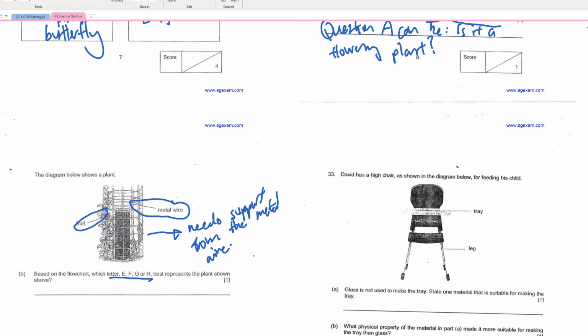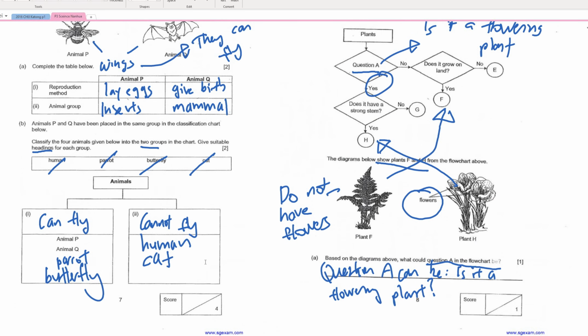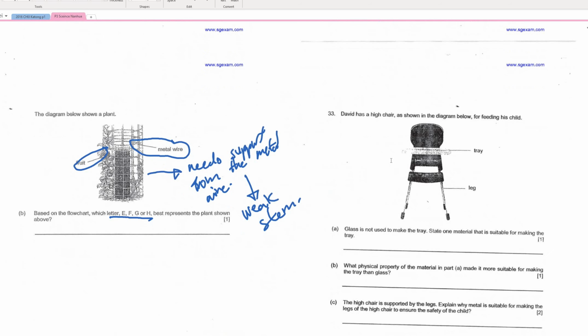Okay, that means it must have a weak stem. It cannot support itself. Alright, so it has a weak stem. So the best letter would be G. Alright, G, because does it have a strong stem? No.